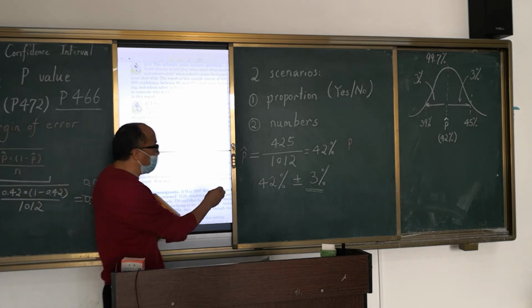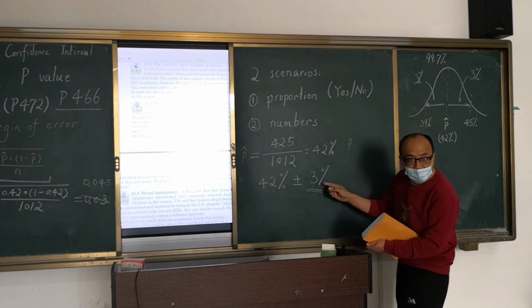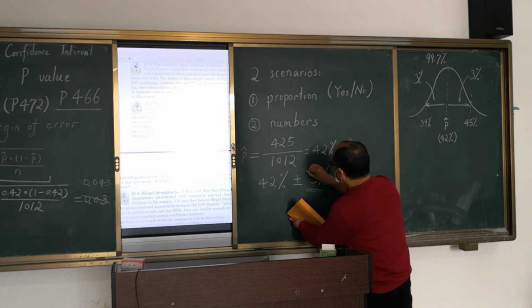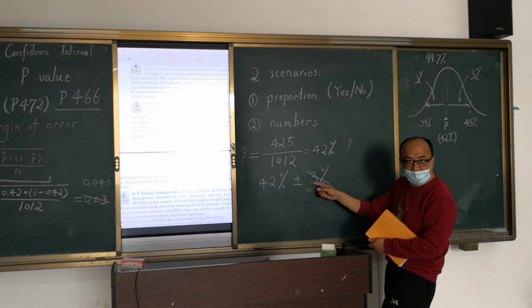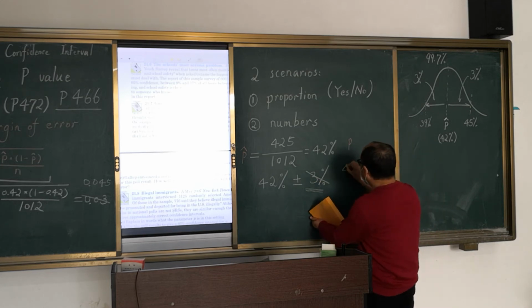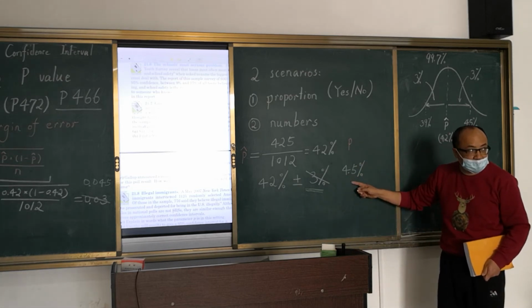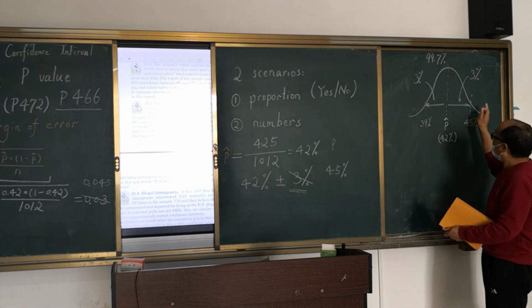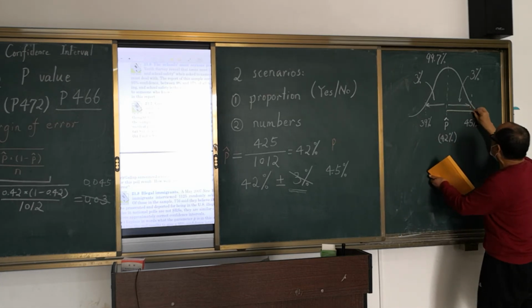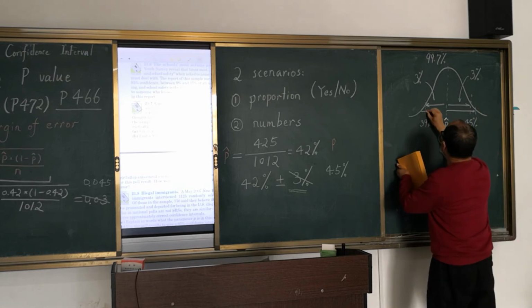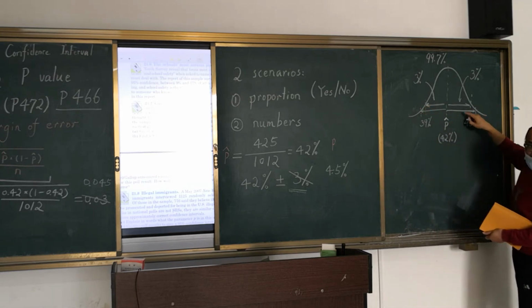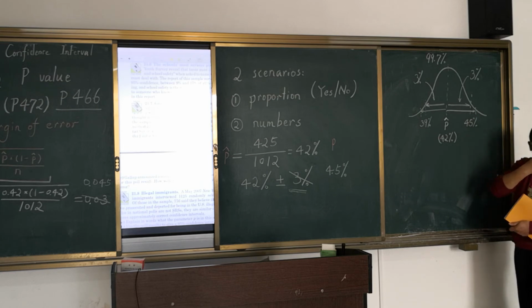So here will be not 3%, will be 4.5%. I don't want to mess up too much, okay?